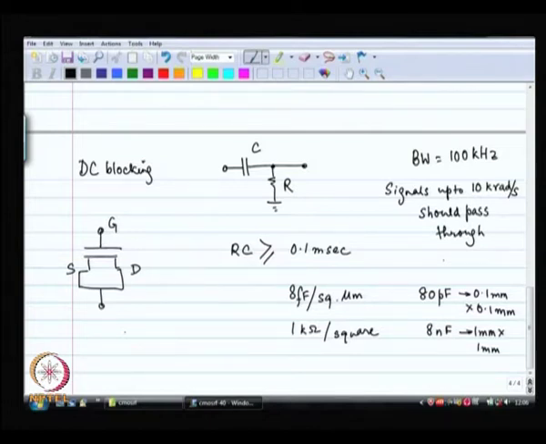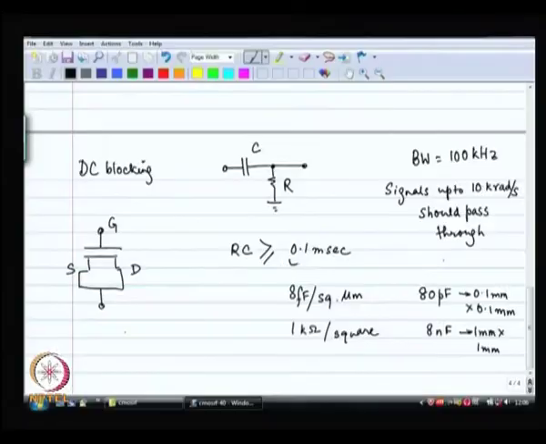Remember, the product of the resistor and the capacitor has got to be more than 0.1 millisecond, right. So, this is basically the stumbling block that I have got, area. Area is the very basic stumbling block when it comes to making a direct down conversion receiver.